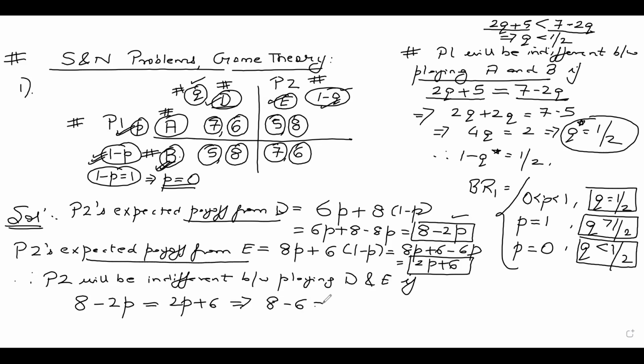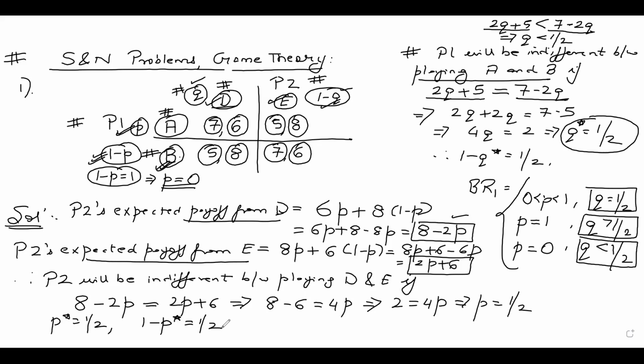This implies 8 minus 6 is equal to 4P, which implies 2 is equal to 4P, which implies P is half. So I get P star as half, so 1 minus P star will also be half. That means player 1 is going to play A with probability half and B with probability half.